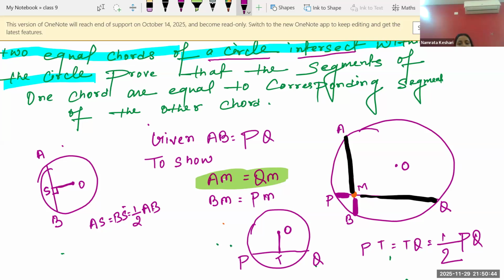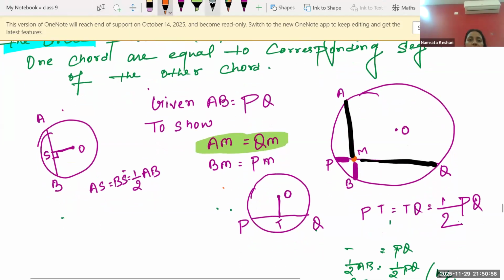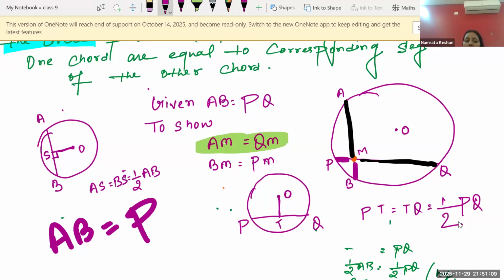Yes. Okay. Now, after this, we are going to say over here that since we already know these two chords are equal in length, the complete AB and the complete PQ are equal.